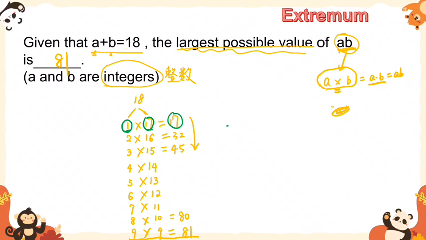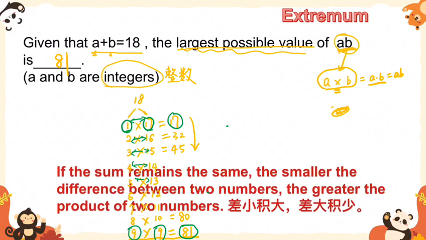But when you get a number here and a number here, you can see this product is very large. So when the difference between the two numbers is smaller, smaller, and smaller, the product is larger and larger.